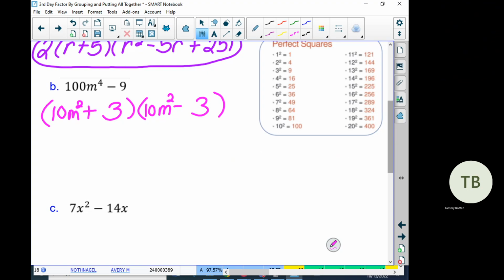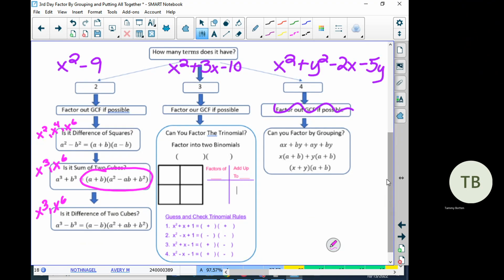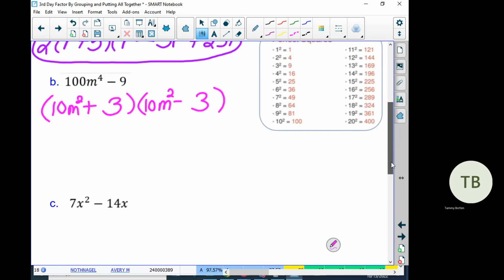Now, if you have a square, look here, it couldn't be these, but it could be difference of squares again. That's what can make it a little difficult: if it's squared, you do have to check it's not difference of squares.